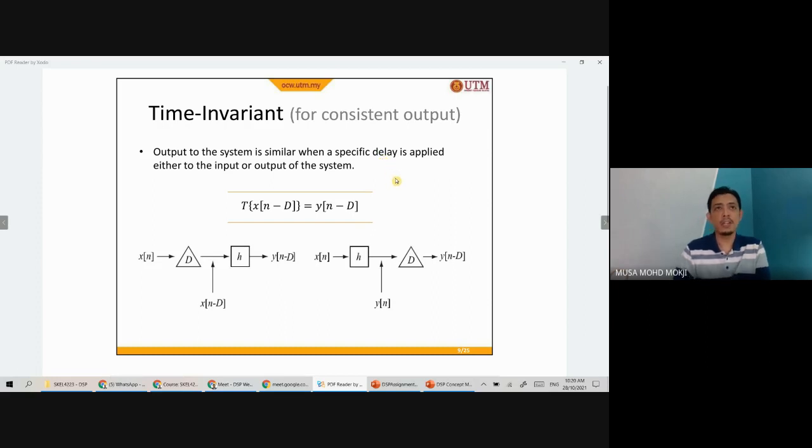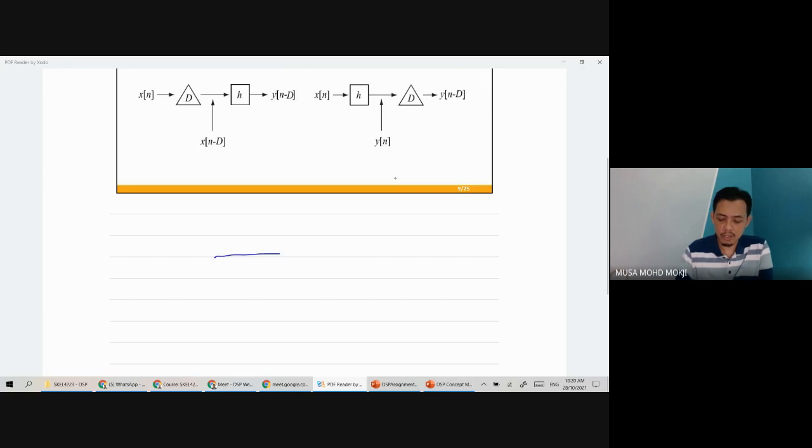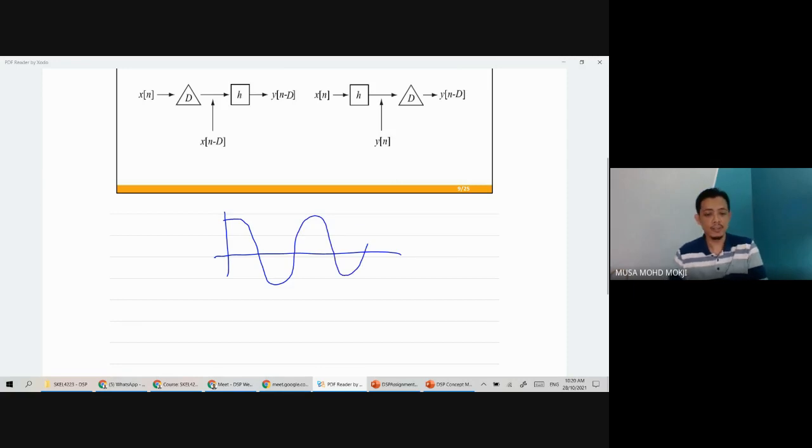Sometimes you are recording, for example, a sine signal or a cos signal. Let's say this is of course a very simple signal, a cos signal. So let's say this is any signal that you are trying to record from some environment, or you are recording, let's say, an ECG signal.